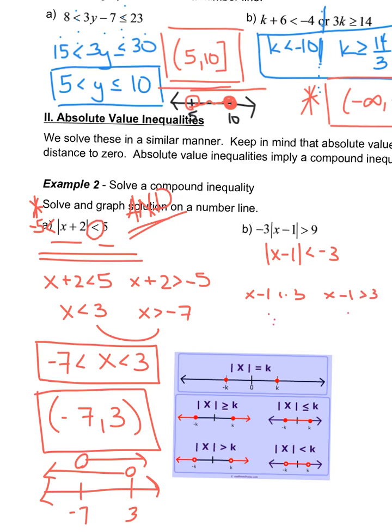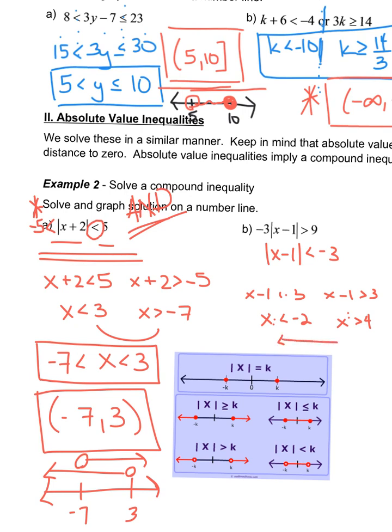You're going to solve, and you're going to find out when you get your answers, maybe I'll actually finish this out. So you're going to have x is less than -2. Add 1, we're going to have x is greater than 4.